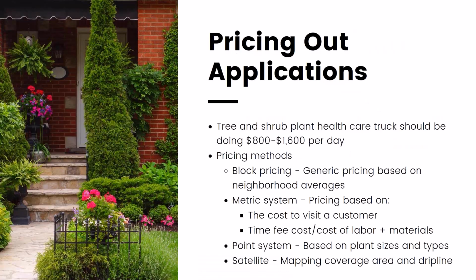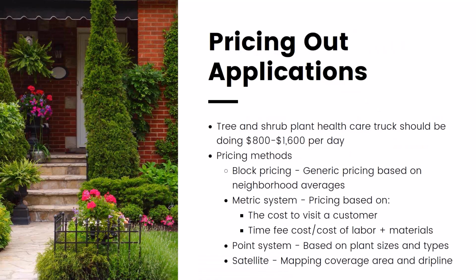Now, one of the challenging things is pricing out the applications. I feel like I've heard a million different ways to do this. Probably the most old school way is, we just count how many trees and shrubs you have, and we have a standard price for the shrubs, a standard price for the trees, everything under 25 feet, because that's what you're going to be able to spray. We have to physically go out there and do the estimate.